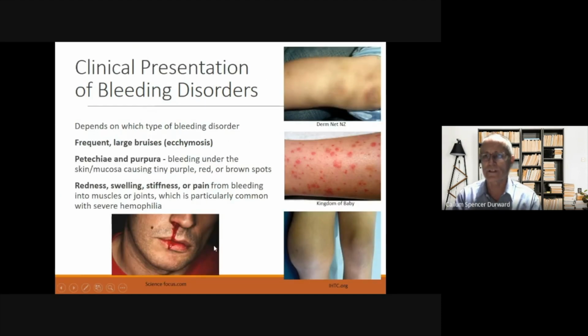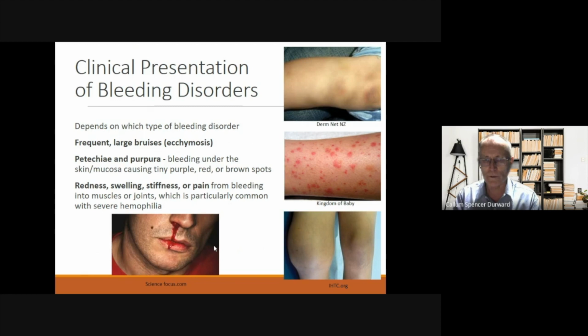Blood disorders can present in a number of ways. It depends on the type of bleeding disorder. Sometimes we see frequent large bruises or ecchymosis. We can also see petechiae or purpura, bleeding under the skin or mucosa, causing tiny purple, red, or brown spots.